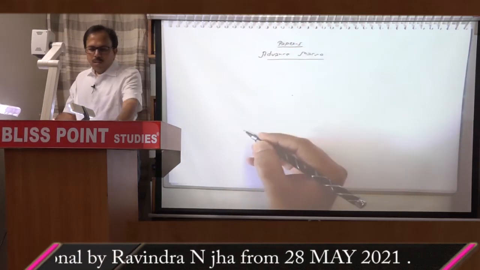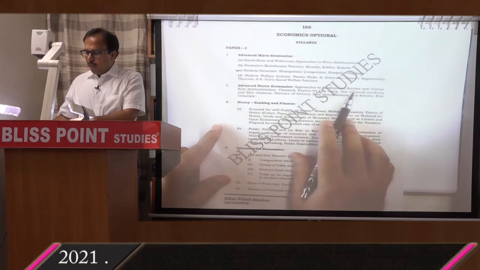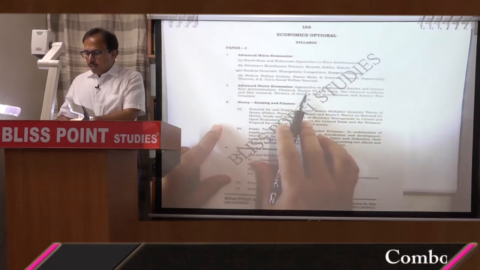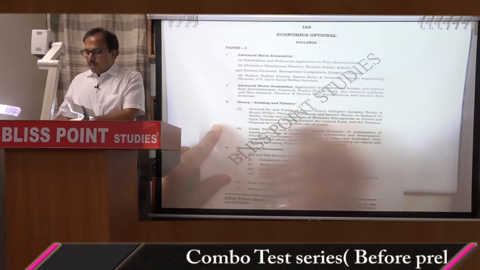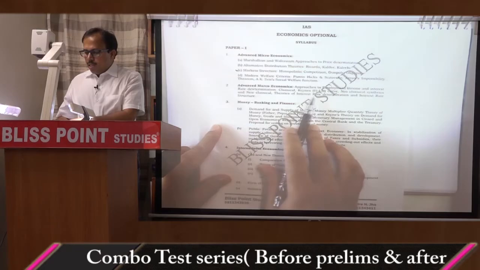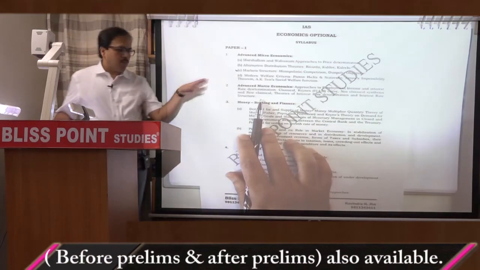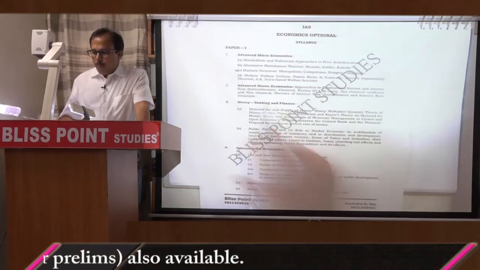The syllabus of advanced macro includes approaches to employment, income and interest rate determination, classical Keynesian (within bracket IS-LM curve), neoclassical synthesis, neoclassical theories of interest rate determination and interest rate structure. So the UPSC site basically gives the syllabus of advanced macro in paper 1.